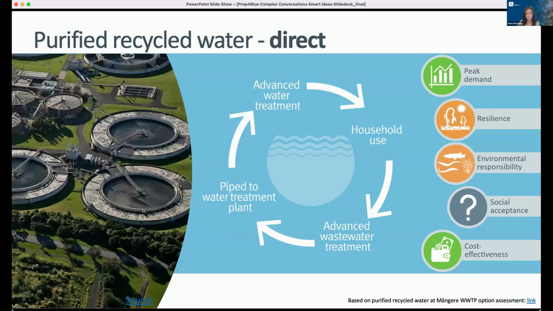There's another option that was put to the people, which was to use purified recycled water directly without going through an environmental buffer. So again, it was about testing that against the same criteria.